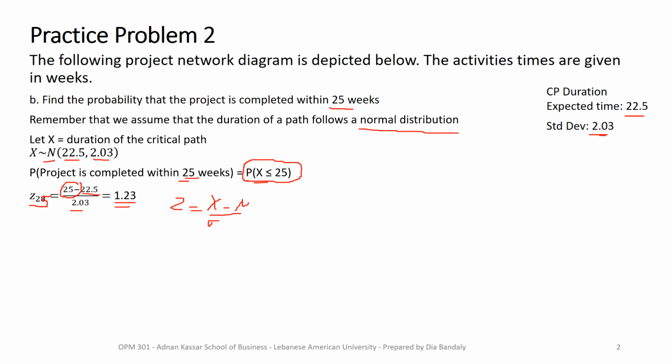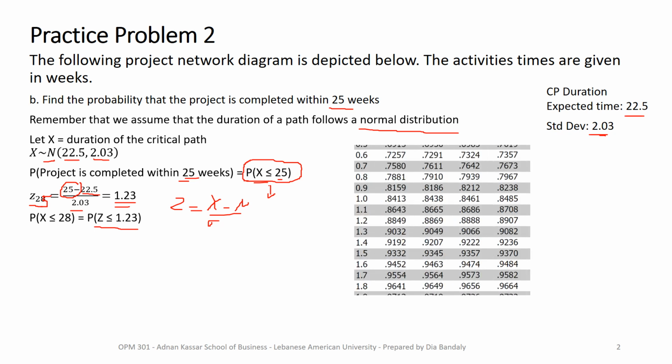So why is this helpful for us? Because now that we found the corresponding value of z that corresponds to x equal to 25, I can shift this probability statement into a probability statement in z. And here we go. Then to find that, I say that this is equal to P of z less than or equal to 1.23. So how does this help me solve my problem? I can now go back and refer to the z table. Here we go. This is part of the z table that shows part of the z's including 1.23. How do I find that?